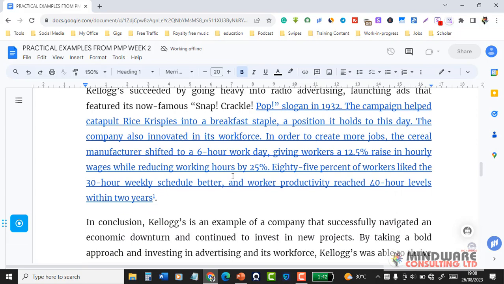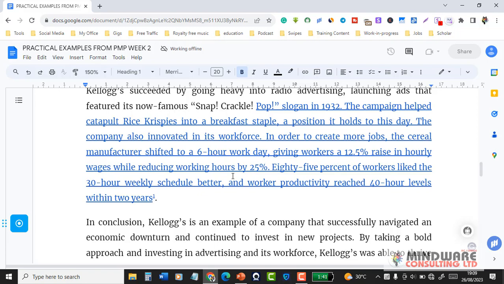This campaign helped catapult their Rice Krispies product into a breakfast staple and positioned it to get to the top position, which it still holds to this day. When it comes to Rice Krispies, Kellogg's is number one in the United States.